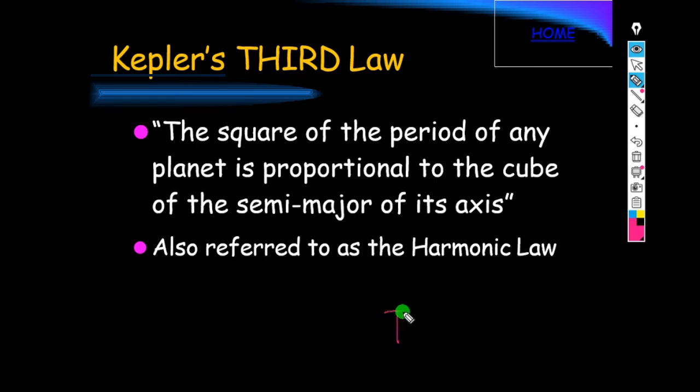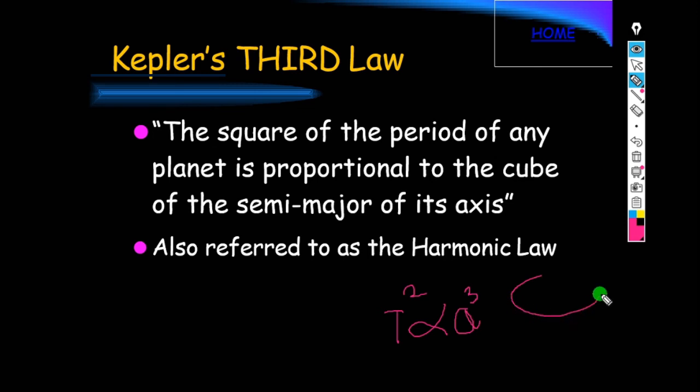So T squared is directly proportional to a cubed. Why? Because if the time period of any planet is T, then T squared is directly proportional to the cube of the semi-major axis.